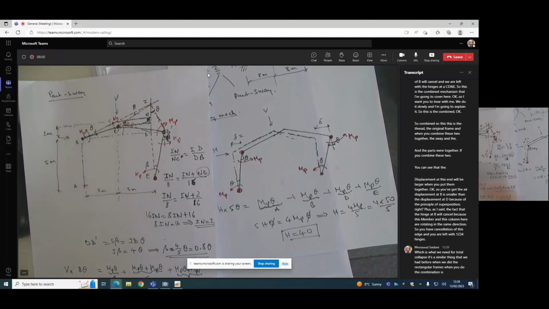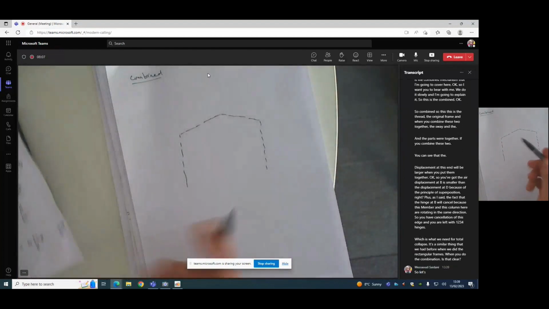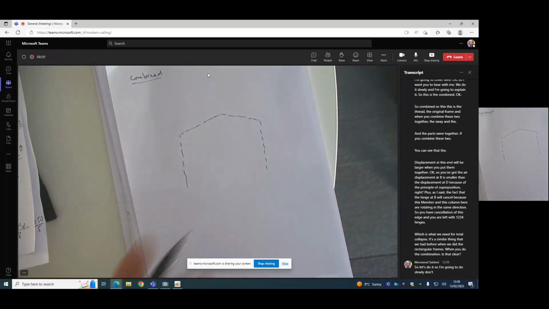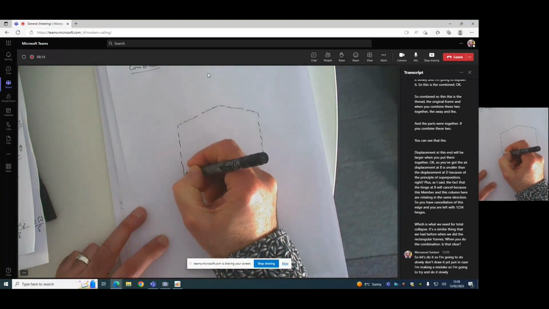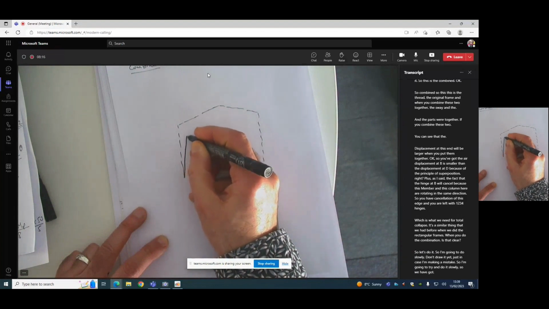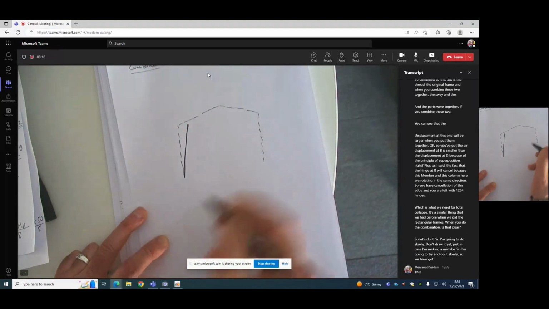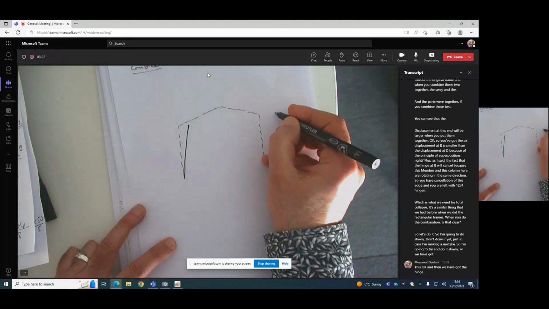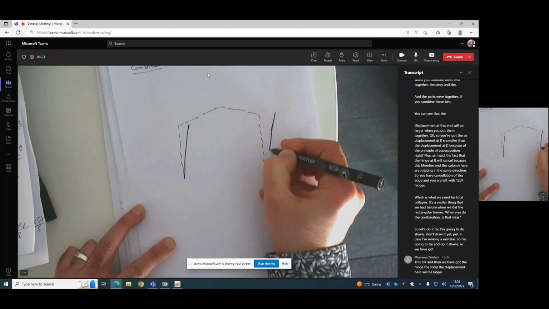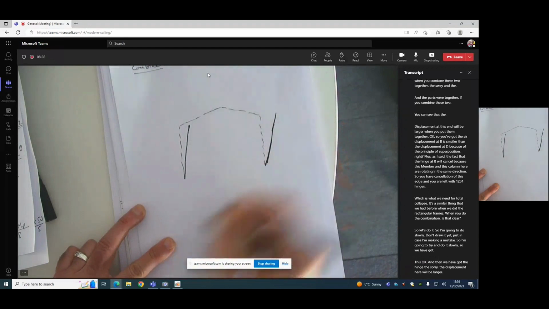Is that clear? So let's do it. I'm going to do it slowly. Don't draw it yet, just in case I make a mistake. So we have got this, and then the displacement here will be larger, something like that.